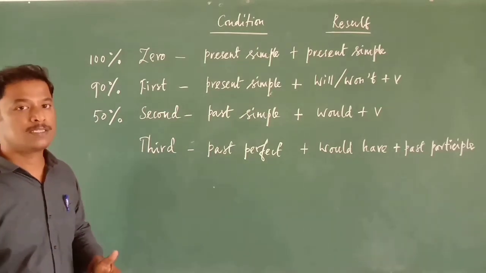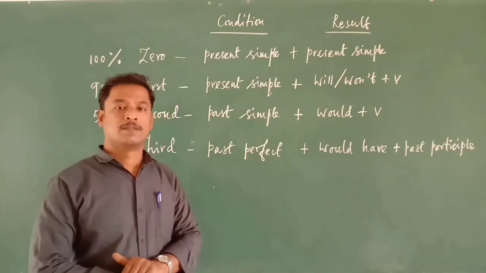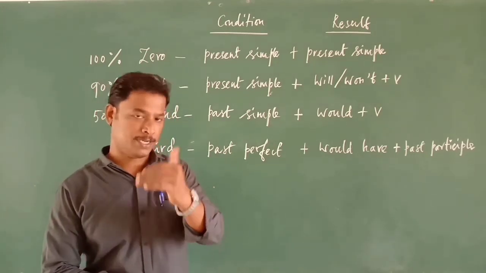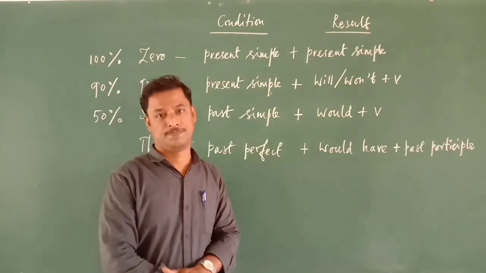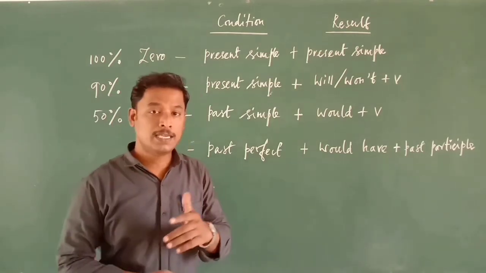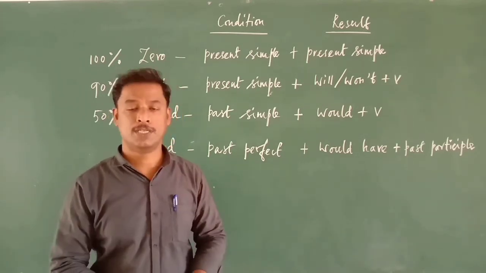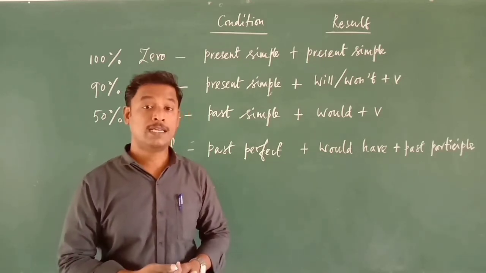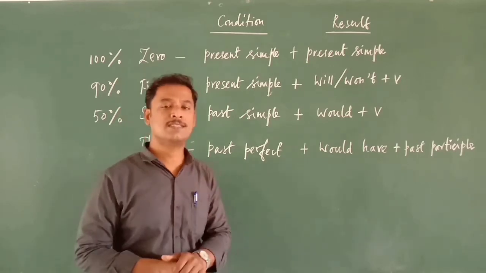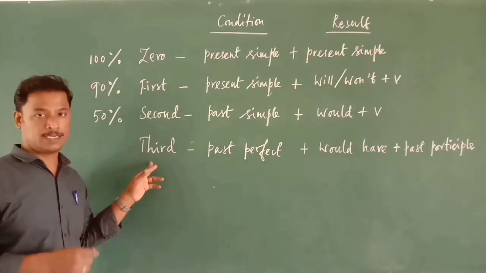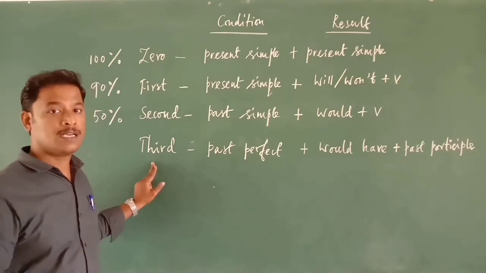What type of imaginations can be written here? The actions which happened in your past that should not have happened, or thinking about the actions which did not happen in your past that should have happened. Okay, these kinds of imaginations can be written in the third conditional. You cannot change the actions which happened.